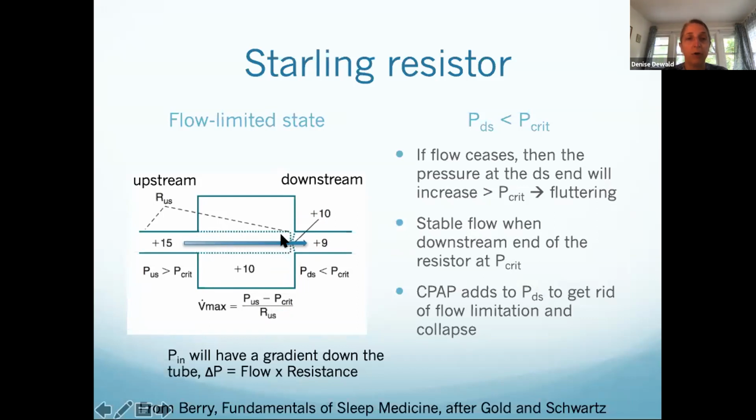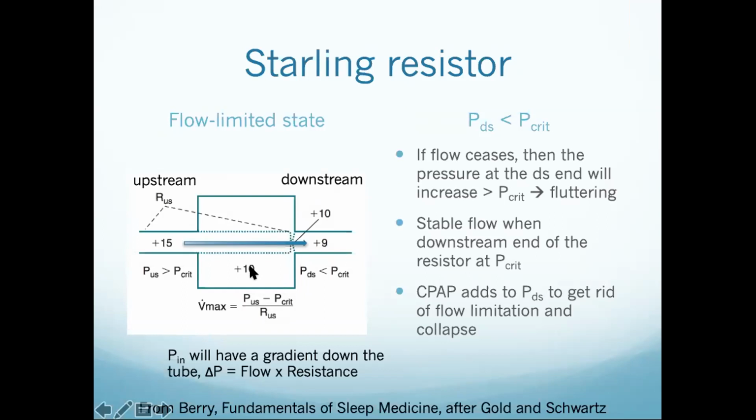And so flow is going to cease until it's able to keep this open. There's going to be fluttering here. And so you'll get stable flow only when the downstream end of the resistor is at P crit. And so the flow is going to be proportional to the difference between the upstream pressure and P crit. And so it's no longer dependent on the downstream pressure. And then the resistance is the resistance along here.